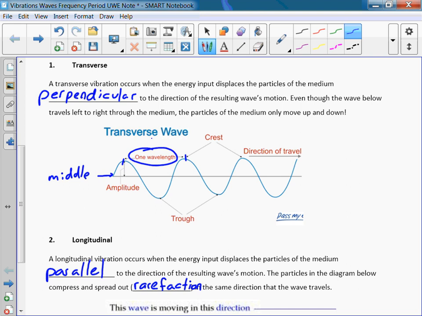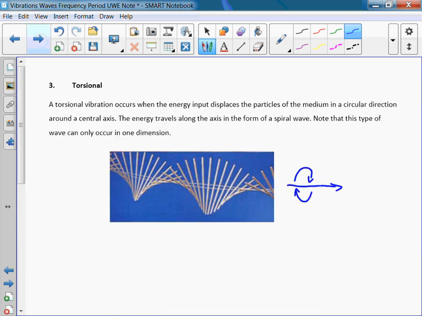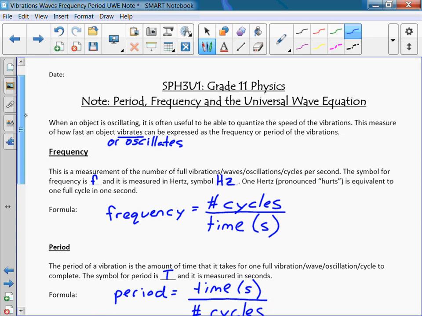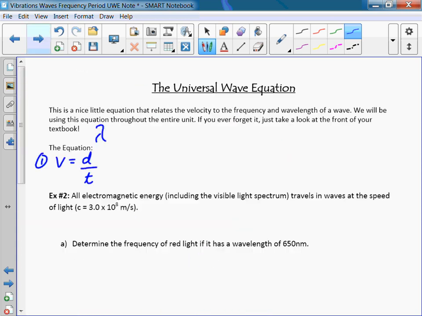We're going to call that lambda, that's the Greek letter for it. So lambda is the symbol for wavelength. If we set the distance equal to one wavelength and the time equal to one period of the wave, here's what we get.